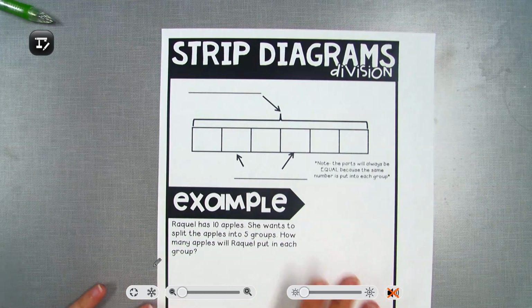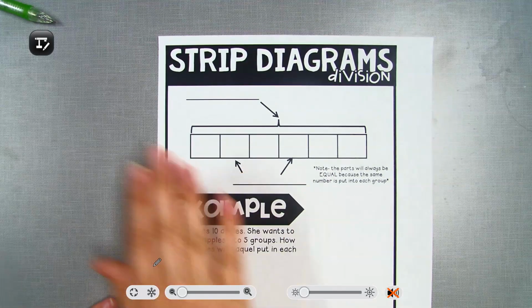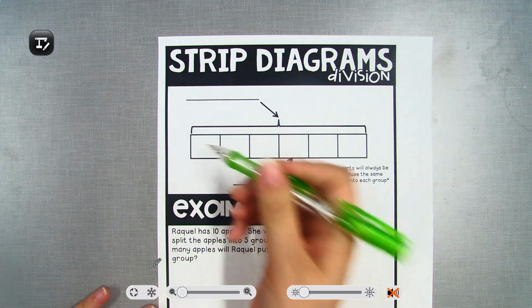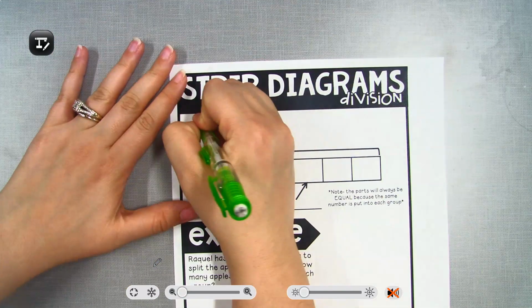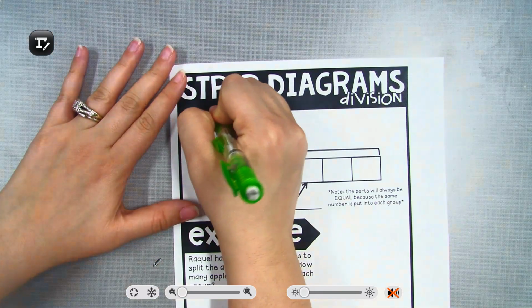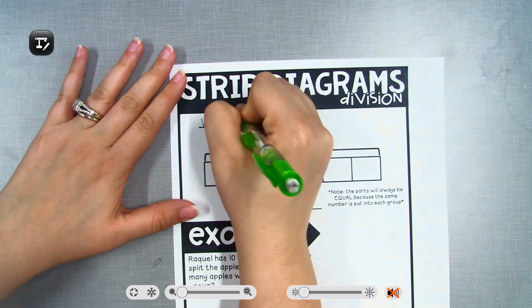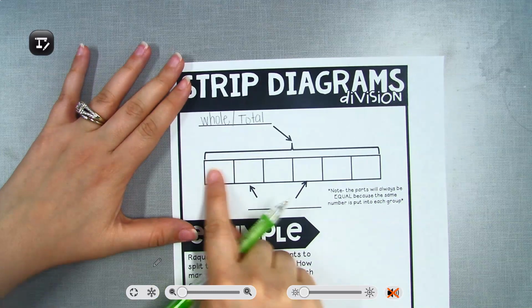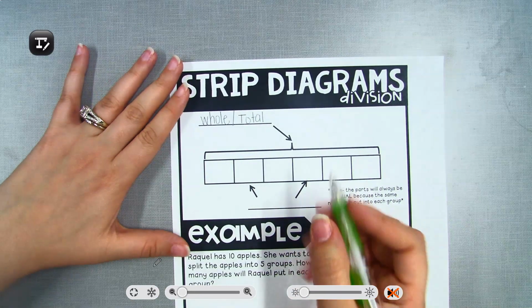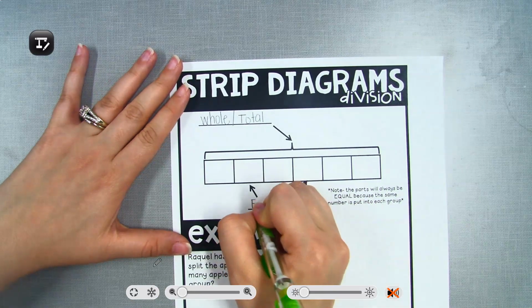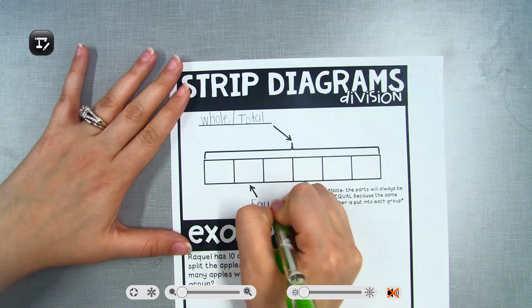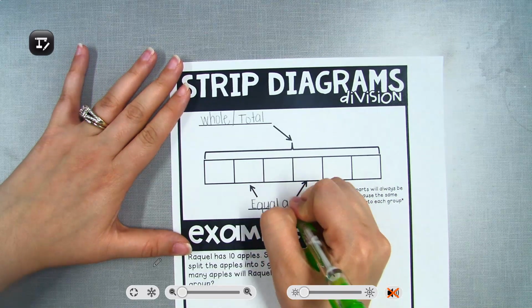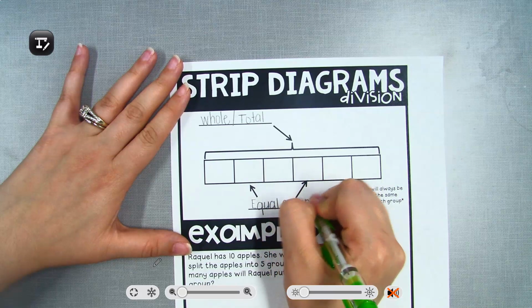So we should know how to fill this part out already because we said that the top part of this is our whole slash total. Okay. And we said these individual boxes are our equal groups slash parts.